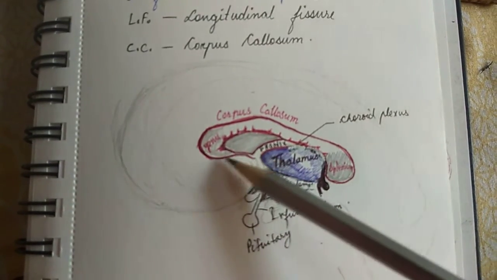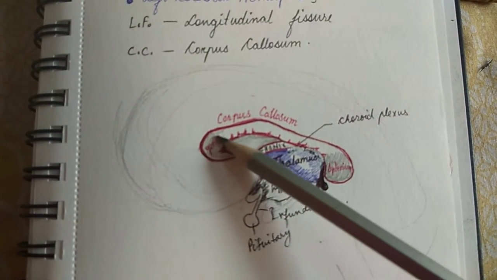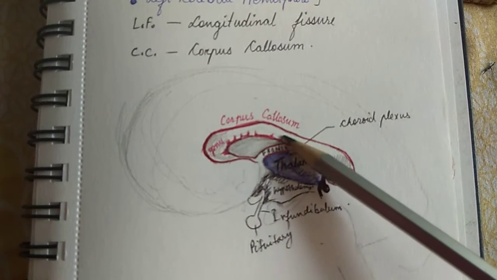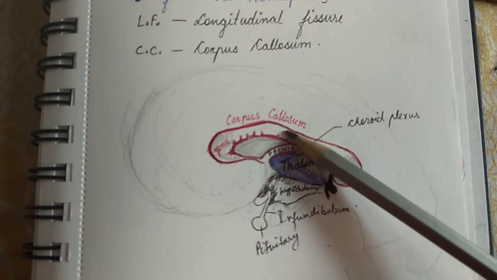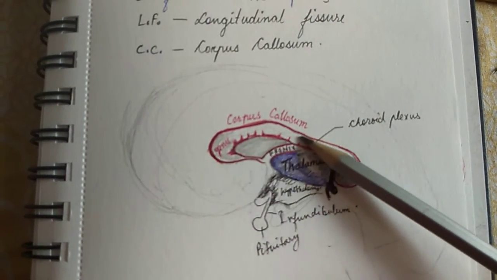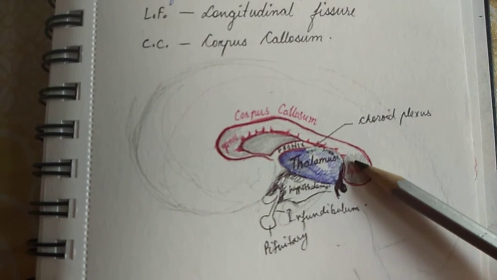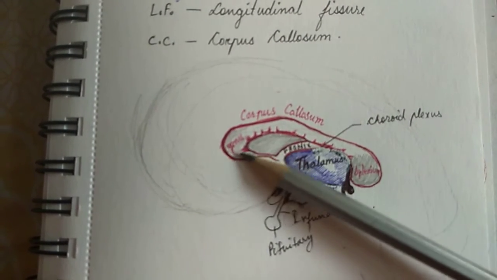Here in this diagram you can see, if you remove a part of the cerebral hemisphere, this is the corpus callosum, which joins the two hemispheres, that is the right and the left hemisphere.